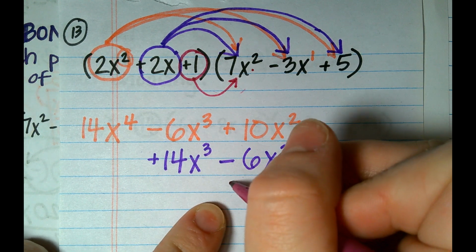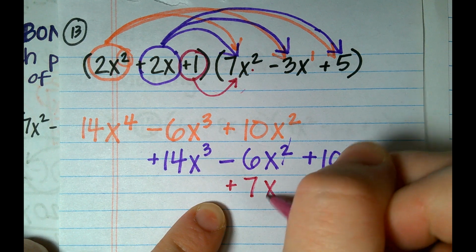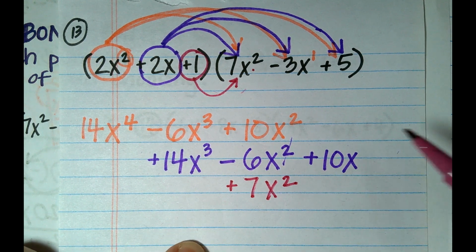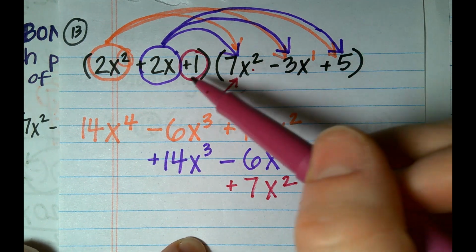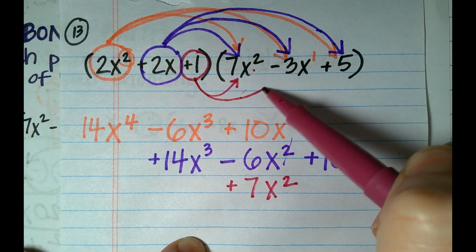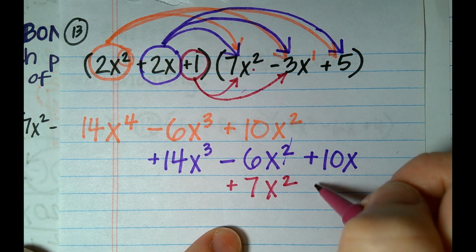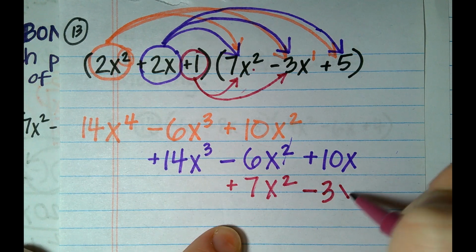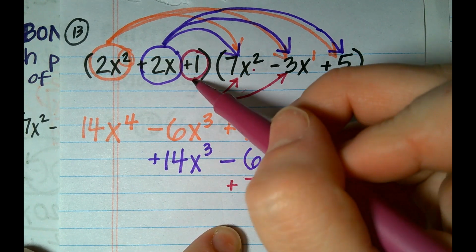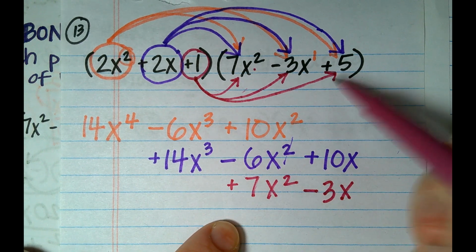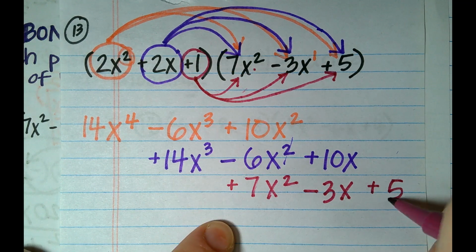So positive 7x squared, then what? 1 times negative 3x, good, and that's not going to change it. It'll stay negative 3x. And last but not least, 1 times 5 is plus 5.